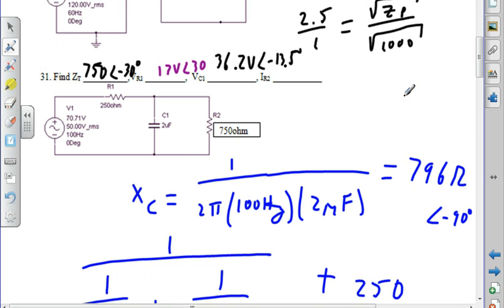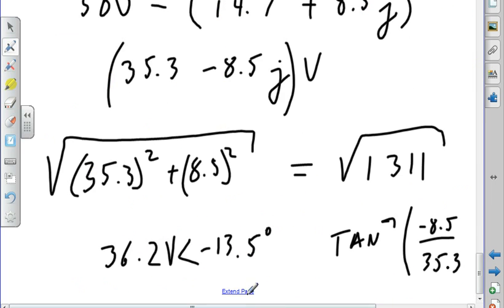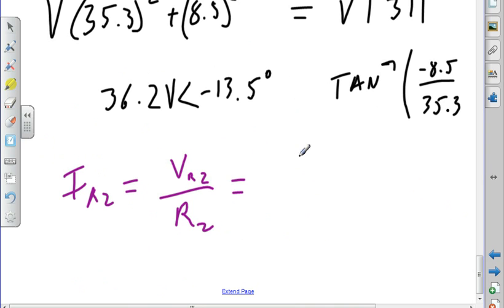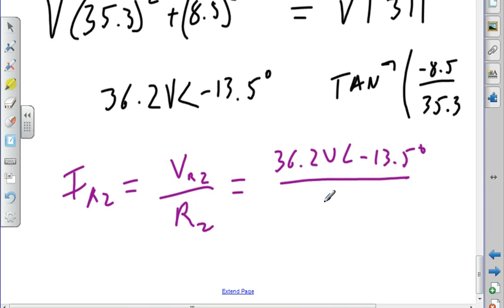Now I want the current through the resistor. Okay, so current through resistor 2 is going to be the voltage across resistor 2 divided by the resistance. So I got 36.2 volts angle minus 13.5 divided by 750. 36.2 divided by 750, 48 milliamps.